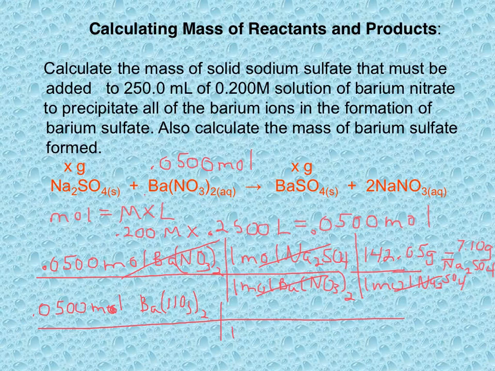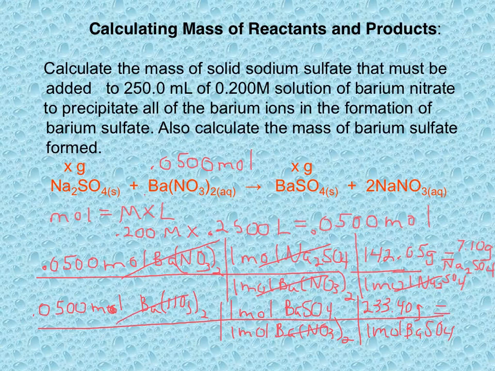For every 1 mole of barium nitrate, we're producing 1 mole of barium sulfate. And a mole of barium sulfate has a molar mass of 233.40 grams.